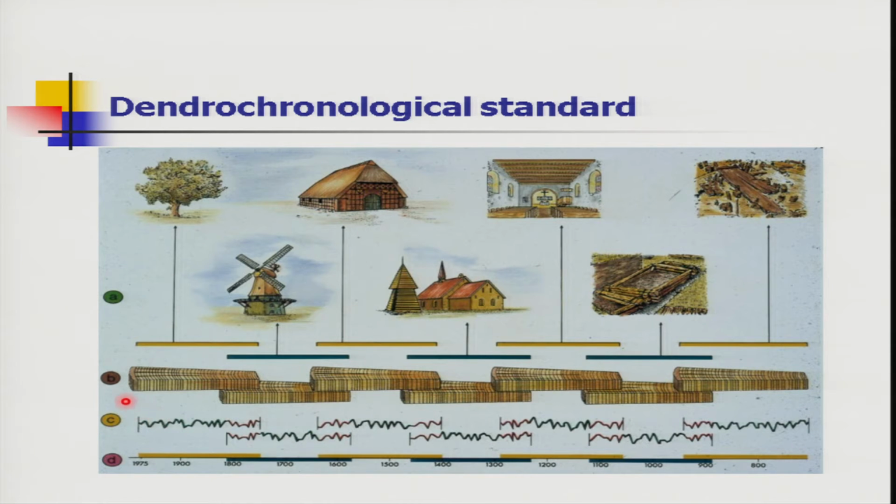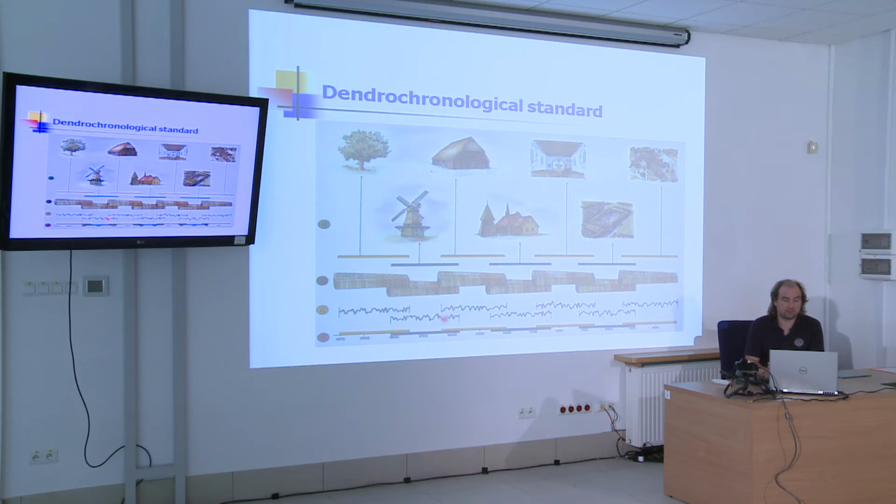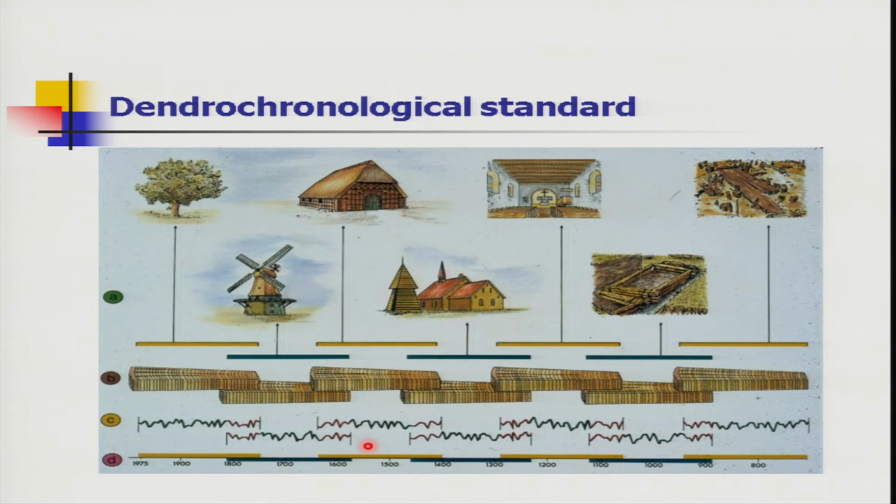We compare the course of the tree-ring width in a given piece of wood with information recorded in the dendrochronological standard. And this allows us to fit the chronology of the object we want to determine the age of to a certain time, based on statistical procedures.